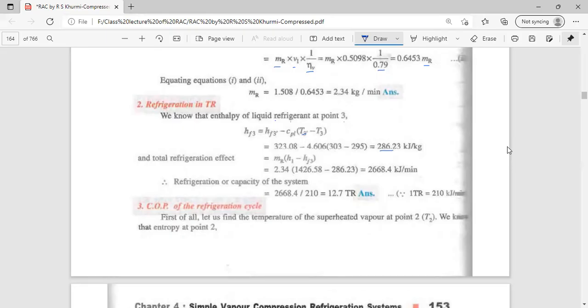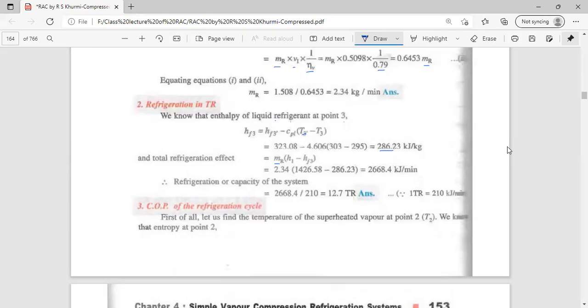So the total refrigerating effect will be the mass flow of the liquid refrigerant, given as 2.3, multiplied by H1, the enthalpy we have got at the outlet of the evaporator, minus the enthalpy at the inlet of the throttling valve, which is equal to the enthalpy at the outlet of the throttle valve.